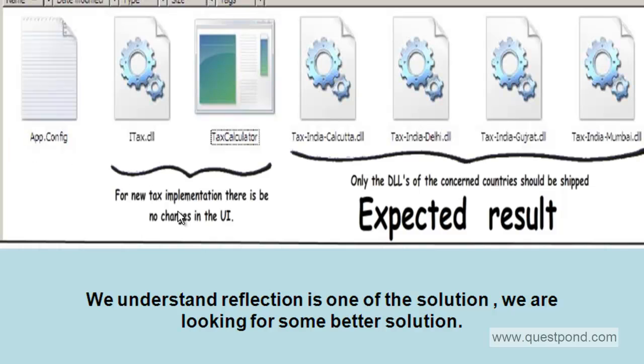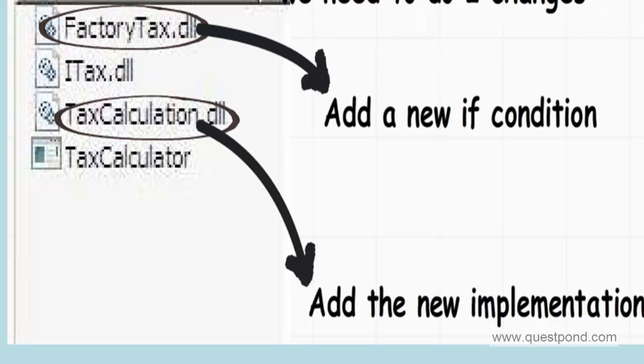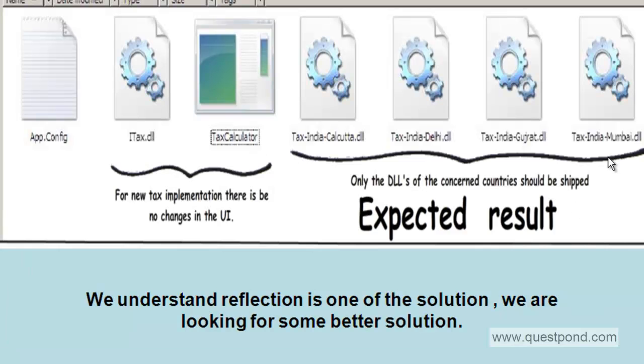I don't want to change any more DLLs. So I want to remove the factory class from here, and do only one change, that is paste the appropriate DLL, either a new one or an updated one, and then make some changes in the XML file, and the application, your exe, should just consume this new logic.